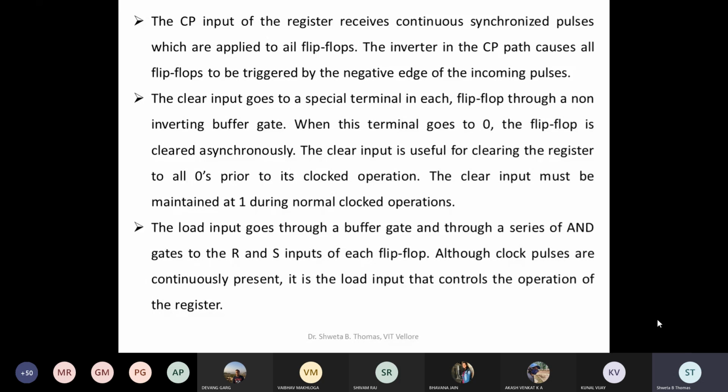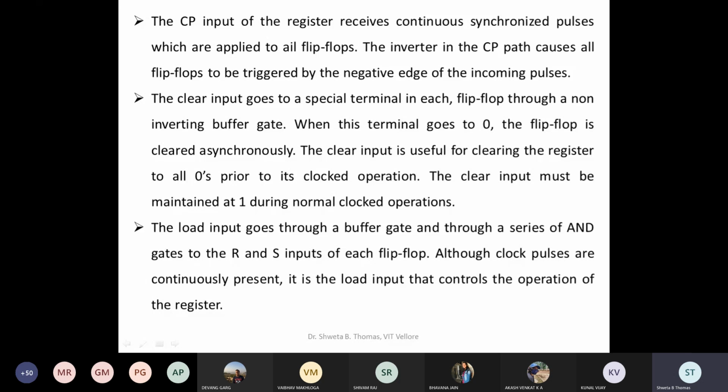The load input goes through a buffer gate and through a series of AND gates to the R and S inputs of each flip-flop. Although clock pulses are continuously present, it is the load input that controls the operation of the register. I told you, when the load input is 1, then only any one of R and S will be equal to 1 and the other will be 0.